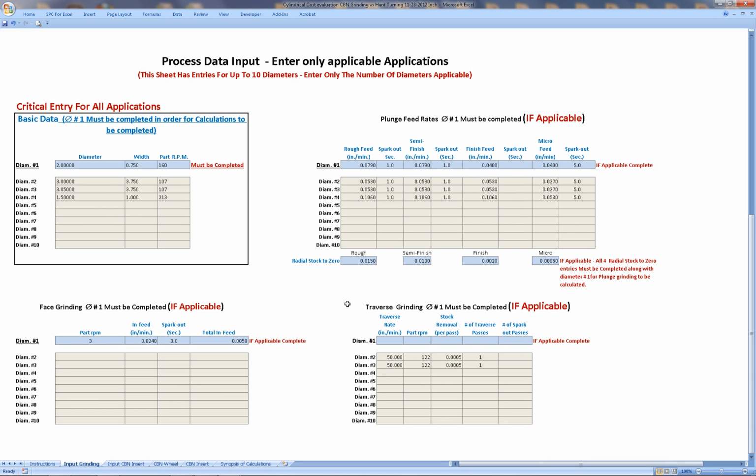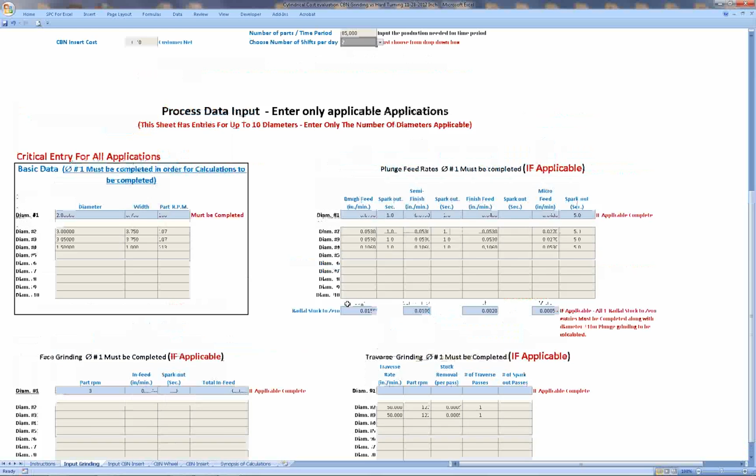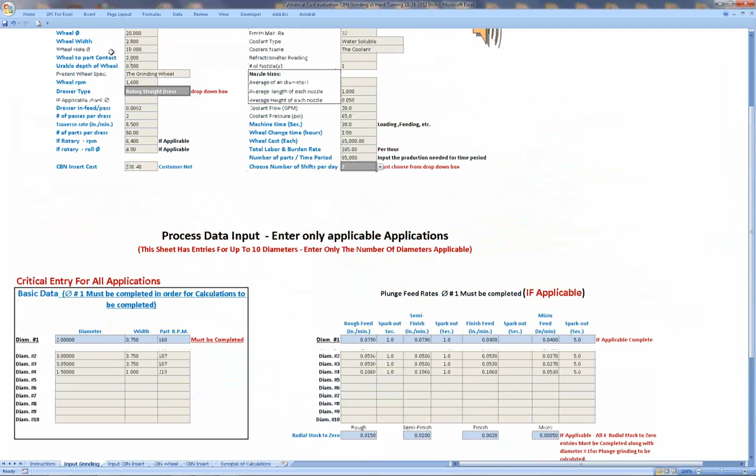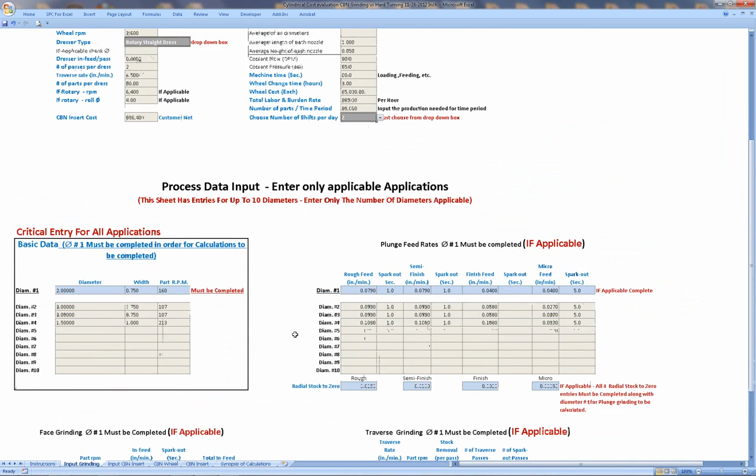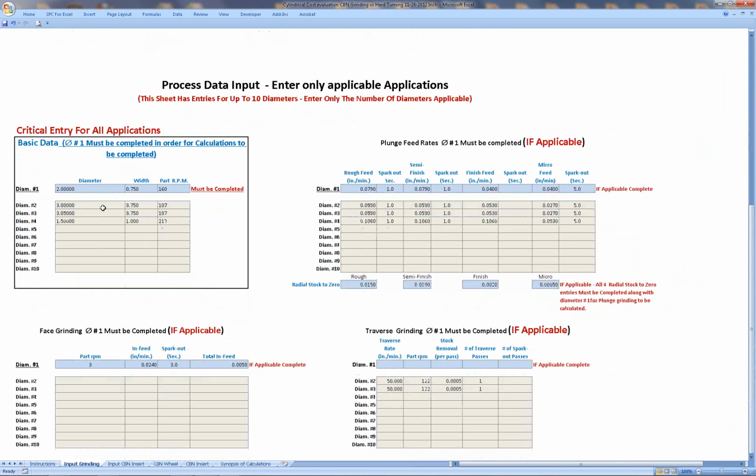In this case, we're going to do all in plunge and then only traverse, which we highly recommend, those diameters where the width is larger than the width of contact of the grinding wheel. If you remember, we input the wheel to part contact above at 2 inches, and diameter 2 and diameter 3 have a width of 3.750 inches.